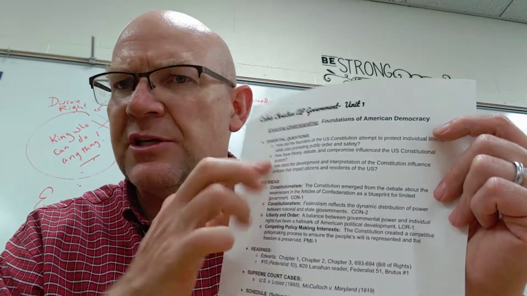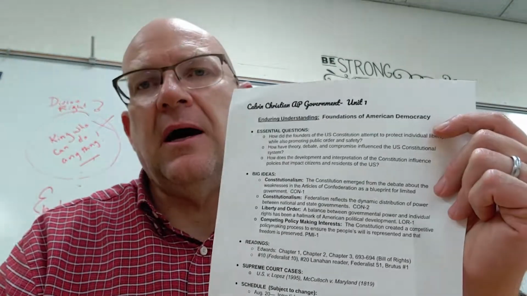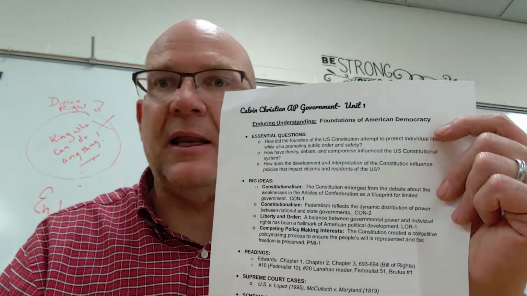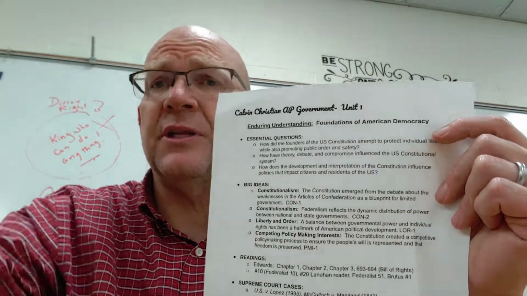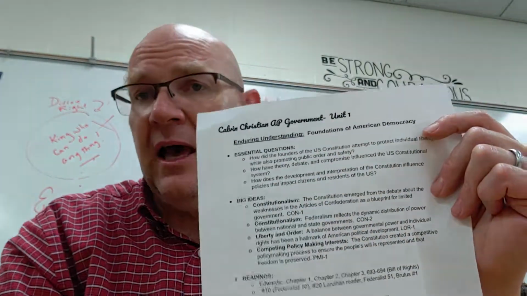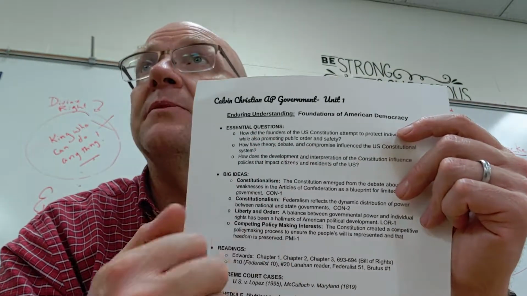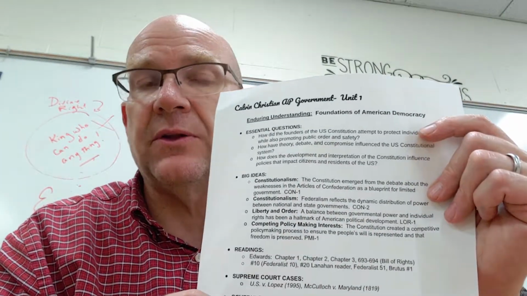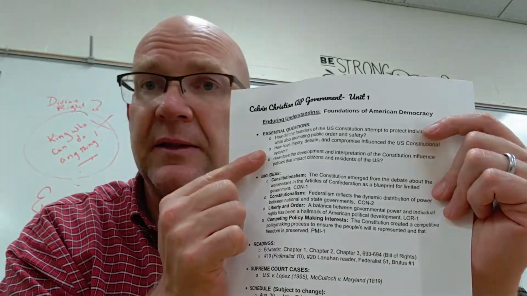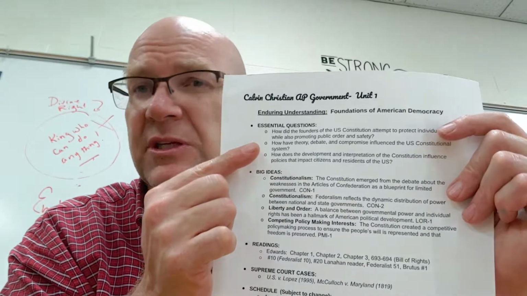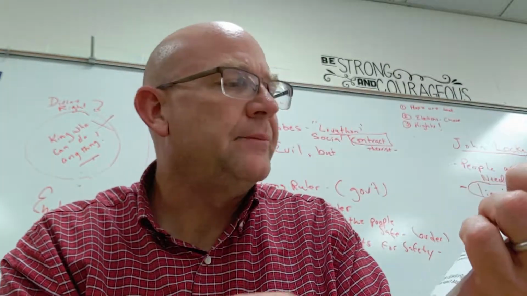Those essential questions are going to be from that blue paper, where you have your enduring understandings and then your big ideas on one side. And these are going to be the learning outcomes that you're going to show as a result of what we study. So you want to come back to these. These are going to be really important when we're studying for exams and things like that.